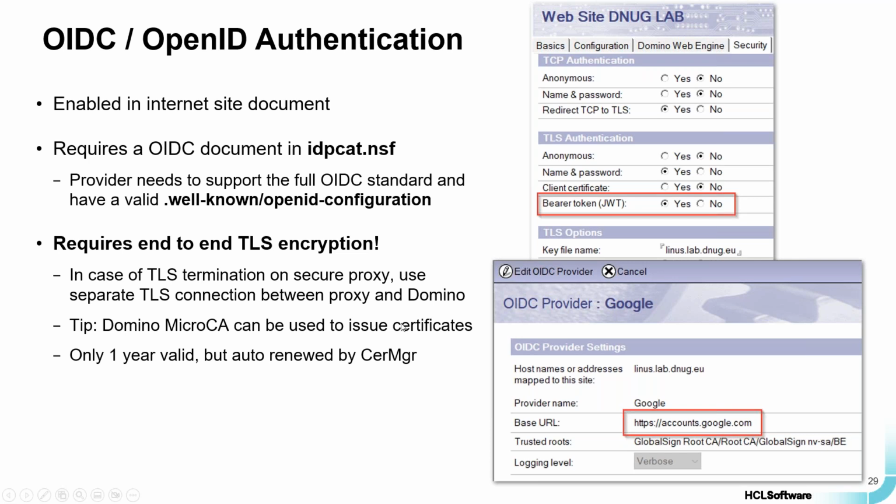So one of the configurations that you need to do is the bearer authentication with JWT, right? That needs to be enabled. Then you need a provider that supports OIDC and has a well-known OpenID configuration. You add that to the IDP catalog and you put in just the base URL, not including the well-known OpenID configuration.